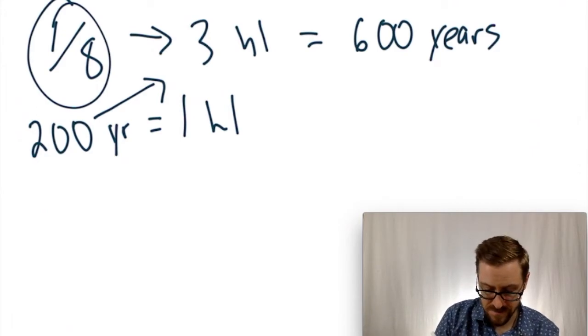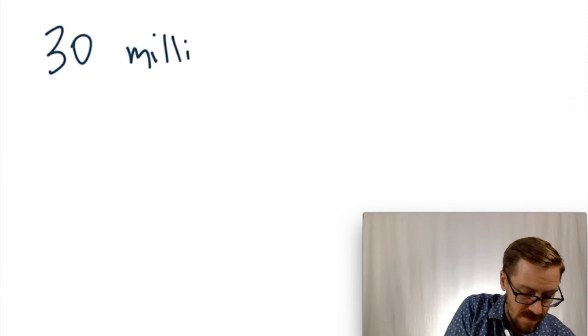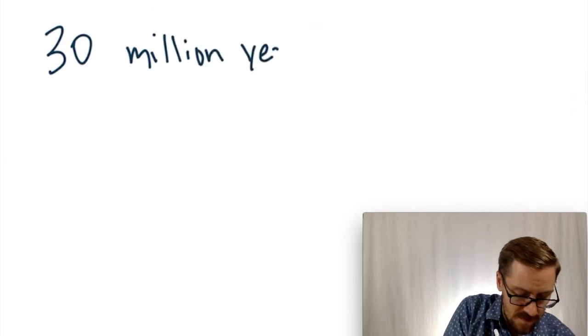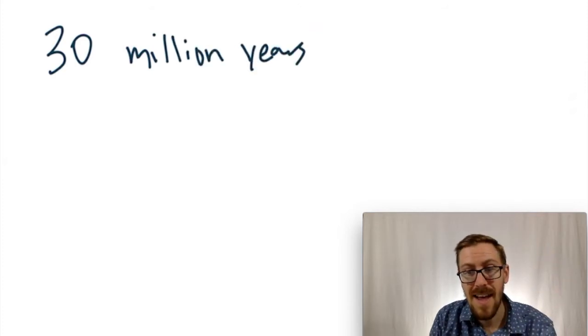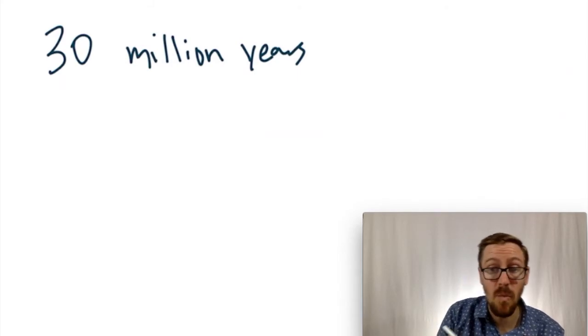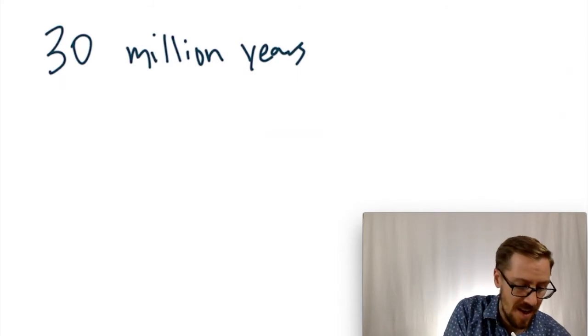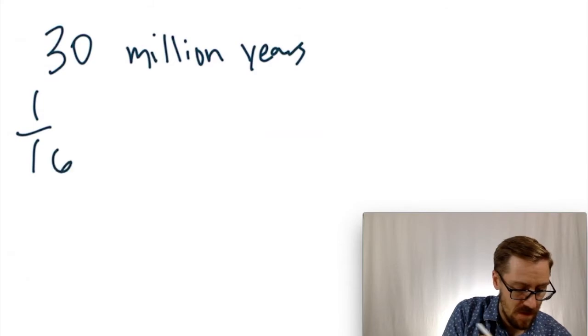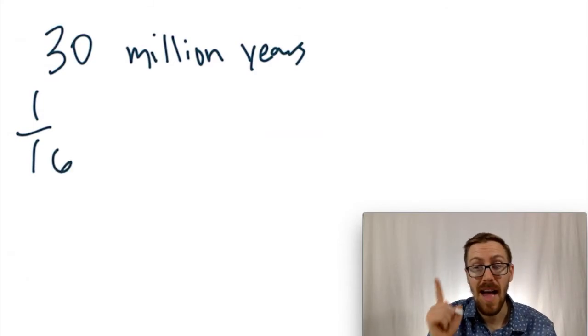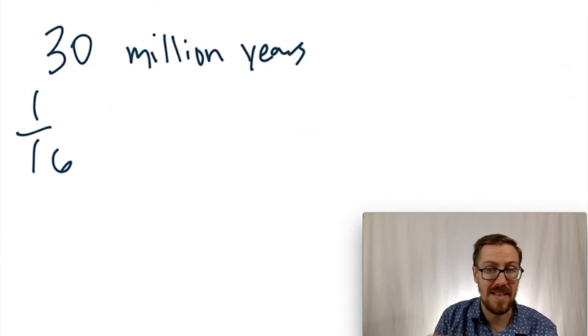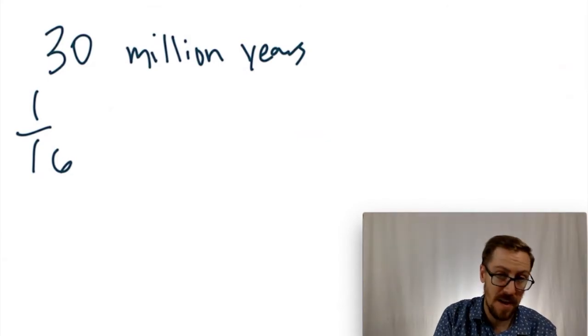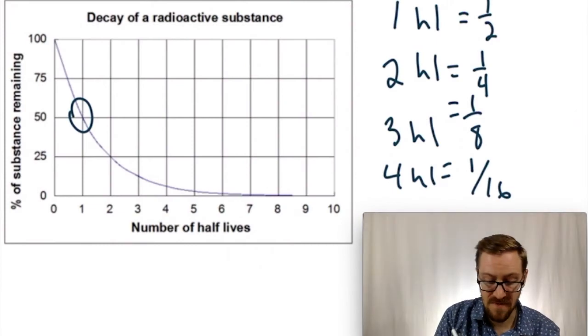Let's try another one. Let's say I had a half-life of 30 million years. And my sample has 1/16 of those atoms left. I want to know how many half-lives and how old is the sample. Well, when we go back to those 4 things that we wrote down a minute ago, 1/16 is 4 half-lives.